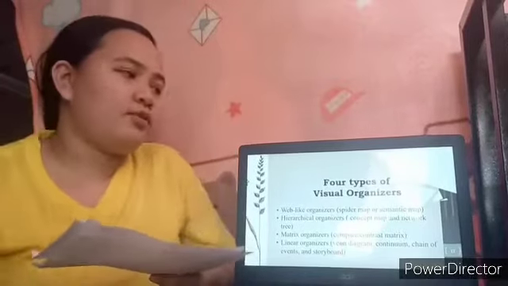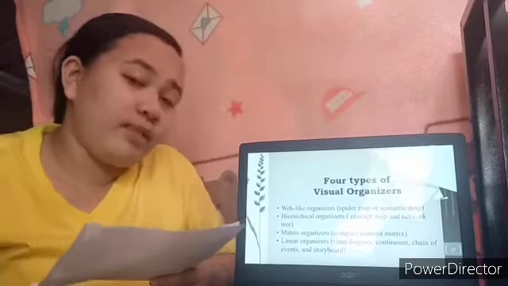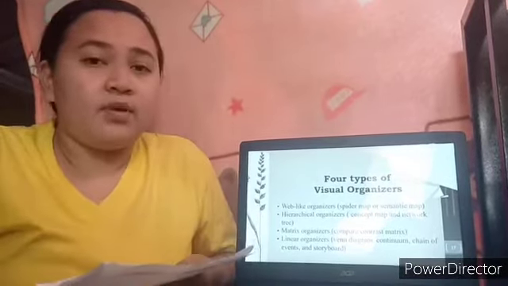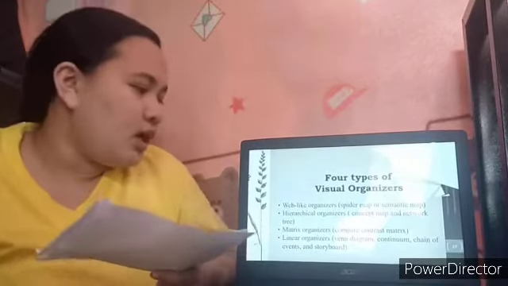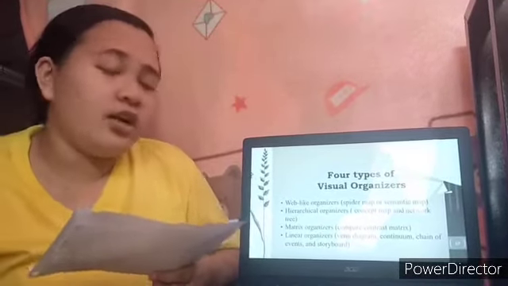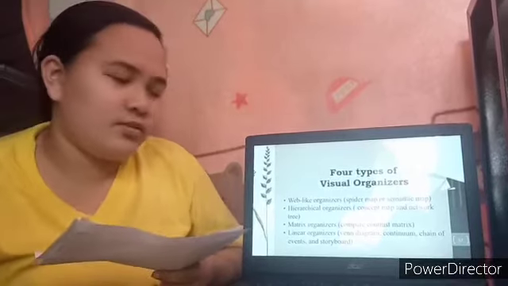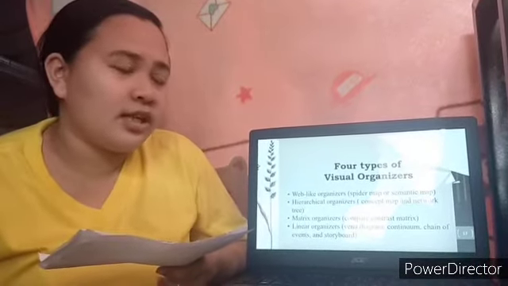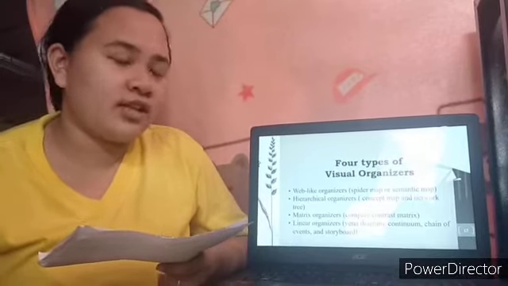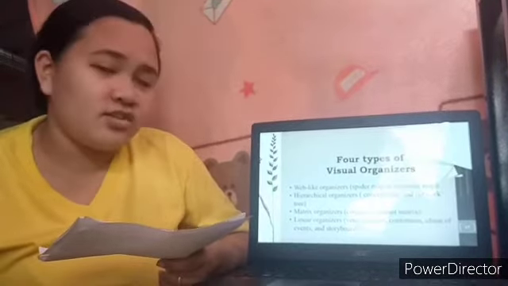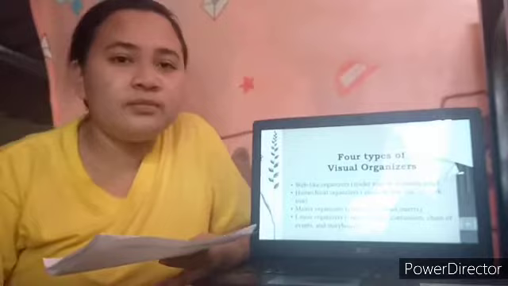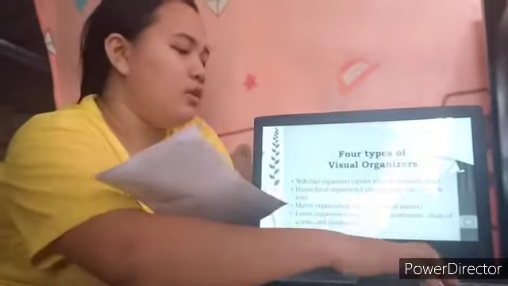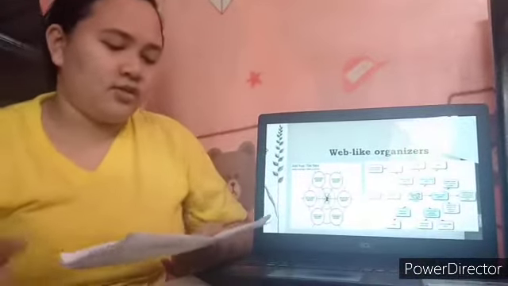So there are four types of visual organizers: the web-like organizers, or semantic map, or spider map; the hierarchical organizers, the concept map or network tree; the matrix organizers, compare or contrast matrix; and the linear organizers, the Venn diagram, continuum, chain of events, and storyboards. So the first is web-like organizers.